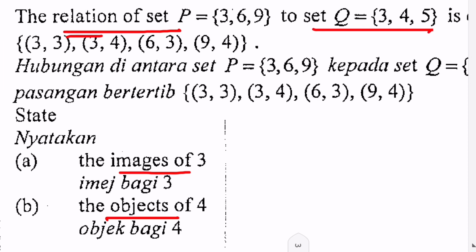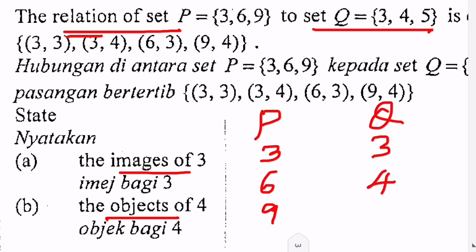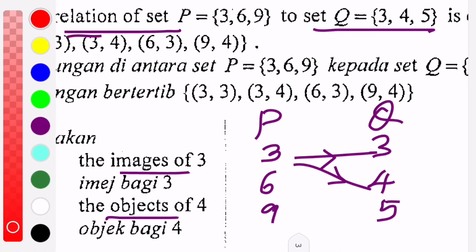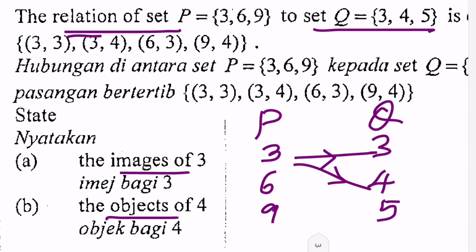So the first question is about the object and the image. First of all, you have two sets. So you label set P and set Q like this. So 3 is an object and then maps to image 3. And then you have 3 also mapped to image 4.